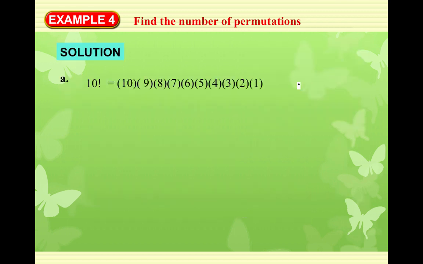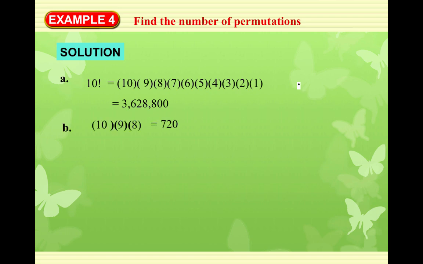So for our first one, we've got 10 factorial equals 10 times 9 times 8 times 7 times 6 times 5 times 4 times 3 times 2 times 1, and that is 3,628,800. And again, you can multiply it all out like that, but there is an exclamation mark on your calculator, and you can just do 10 factorial, 10 exclamation mark, enter, and it's going to give you your answer.